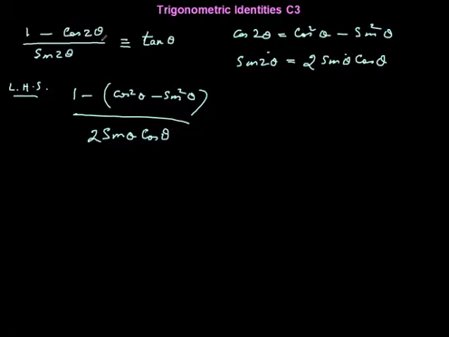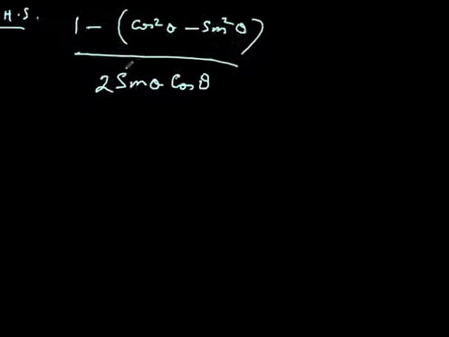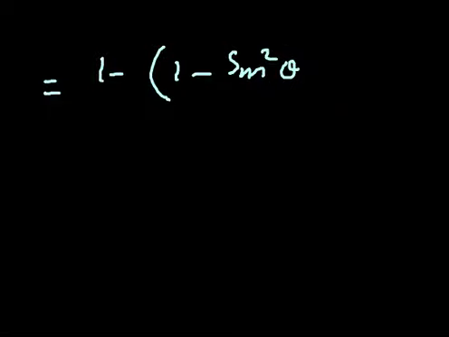What I need to prove is that this equals tan. We know that tan is sine over cos, so somehow we need sine at the top. So if I change cos squared into sine, I must get 1 minus sine squared theta, because cos squared theta plus sine squared theta is equal to 1, and rearranging gives that. Then minus sine squared theta.